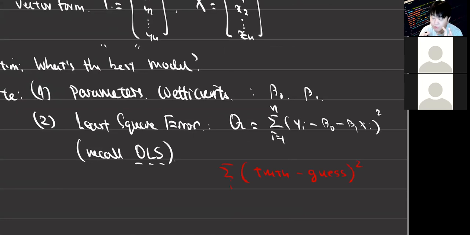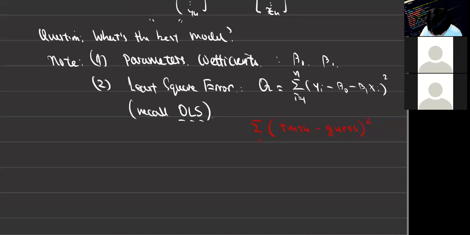I have our ground truth, and then I have our educated guess, which is this linear model, beta 0 plus beta 1 xi. The difference of those is going to be the mistakes that this model is making. Okay, so why do we need to know that? Well, the parameters and the coefficients beta 0 and beta 1 are derived based on the assumption that we want to minimize this mistake. Okay, so that's essentially where the story is coming from.